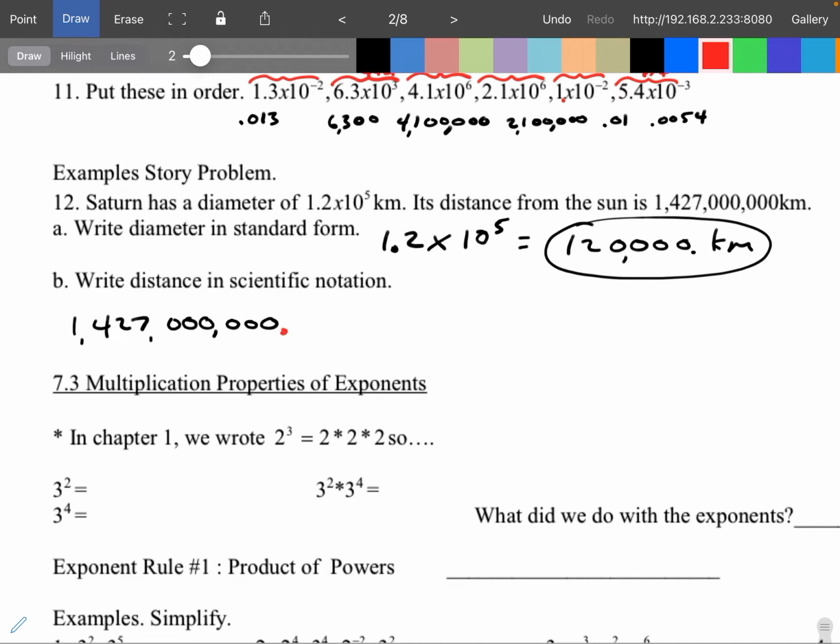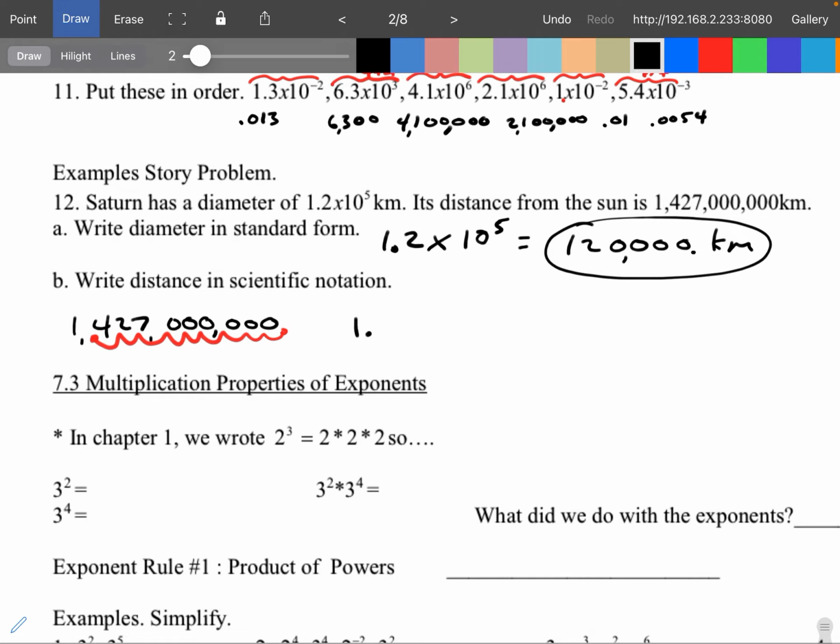Okay, now to be in scientific notation, there can only be one digit to the left of the decimal point. So that means I got to move it 1, 2, 3, 4, 5, 6, 7, 8, 9. It's got to go right there.